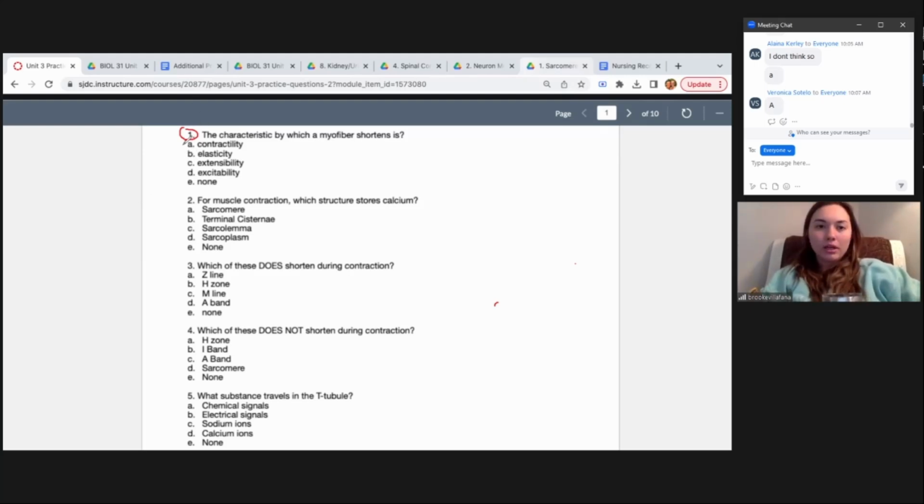Good. Contractility, right? Elasticity, ability to return to the original shape. Extensibility is stretch. Question 2, for muscle contraction, which structure stores calcium?